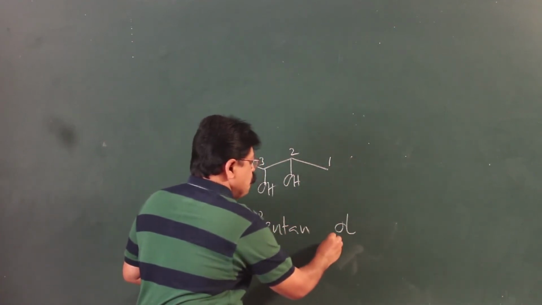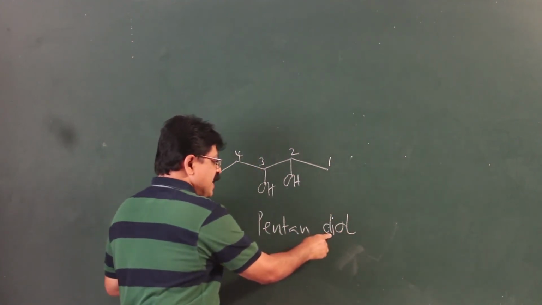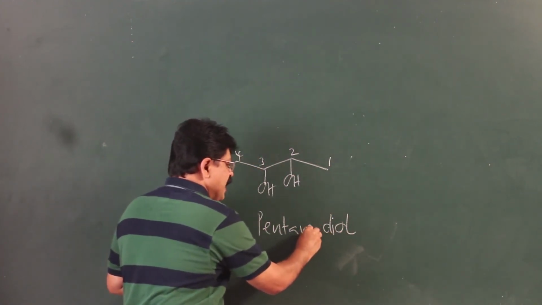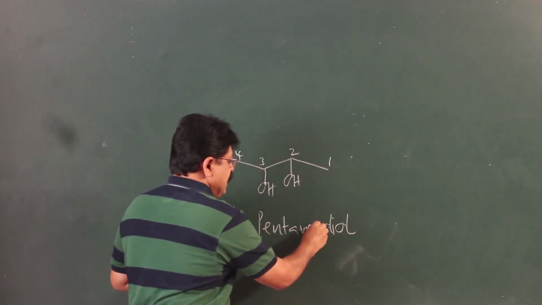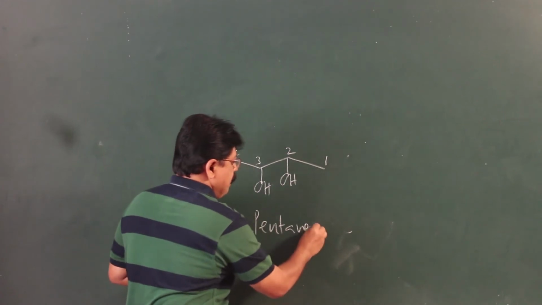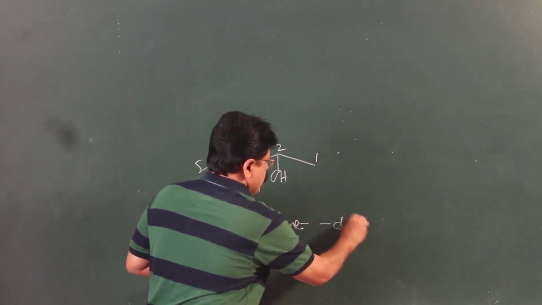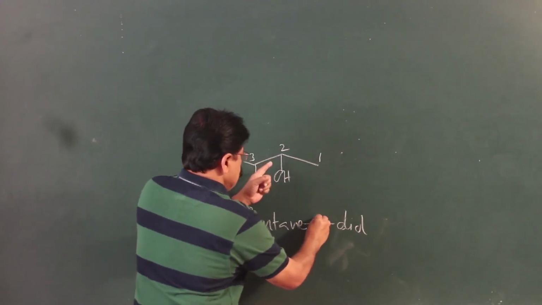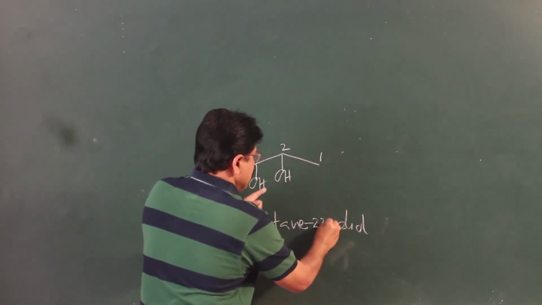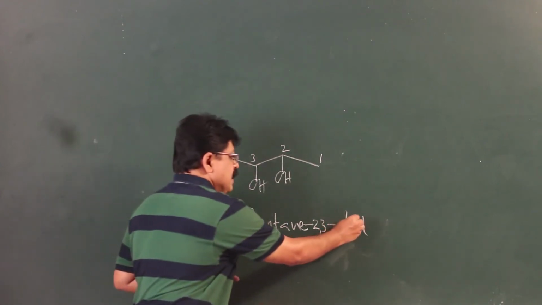Now, there are 2 OL, what will you put? Di. Whenever it is di, you will have to add E. Then it will be like this. 2, 3 diol.